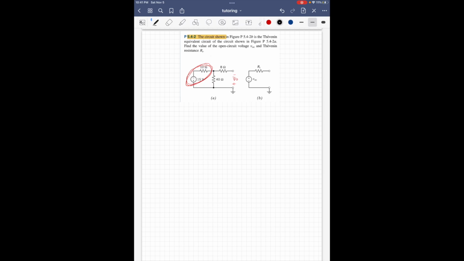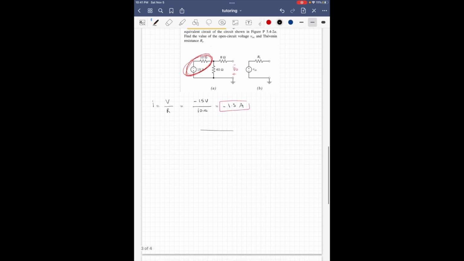Now, the current source is going to be I equals V over R. So that is going to be negative 15 volts over 10 ohms, which will give us negative 1.5 amps.